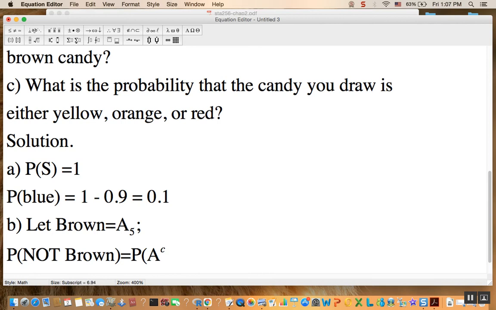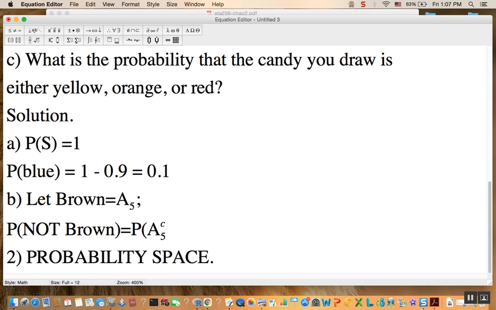Let me fix that here. We want that subscript 5. There we are. That's a probability that we want. Now it makes sense that the probability of not brown would be what?